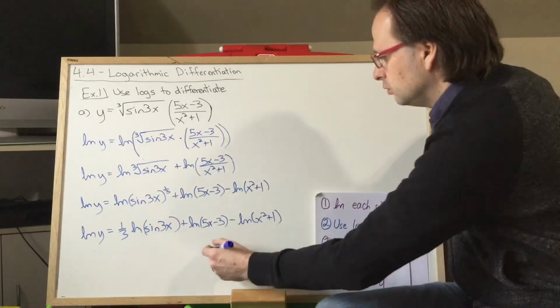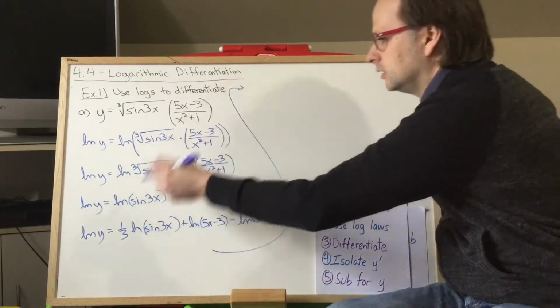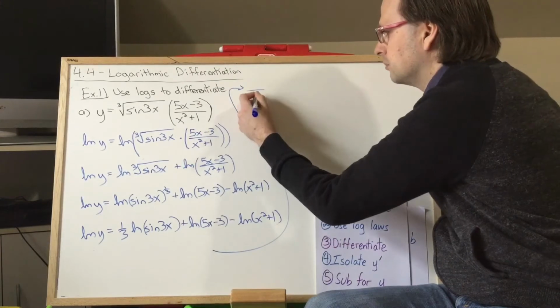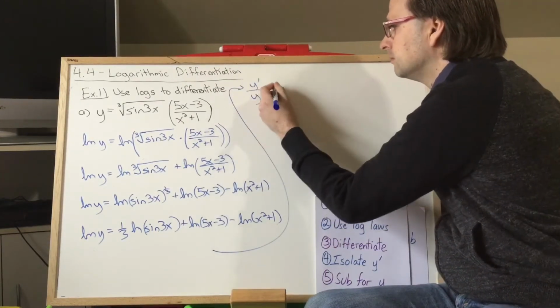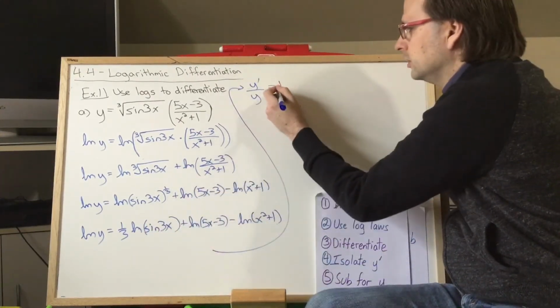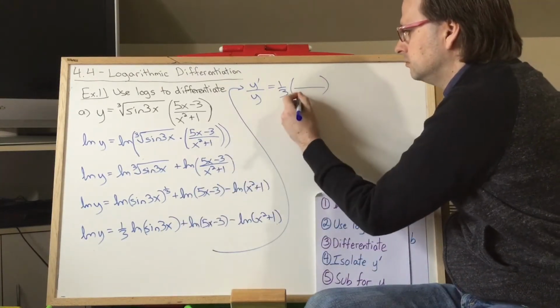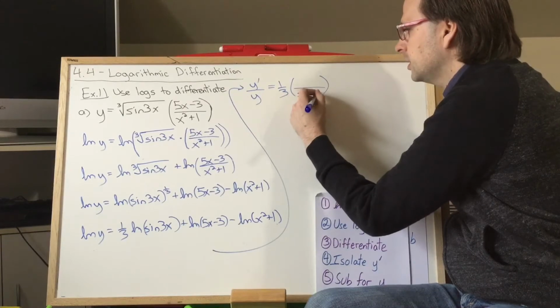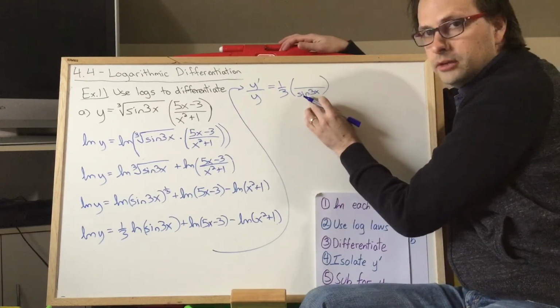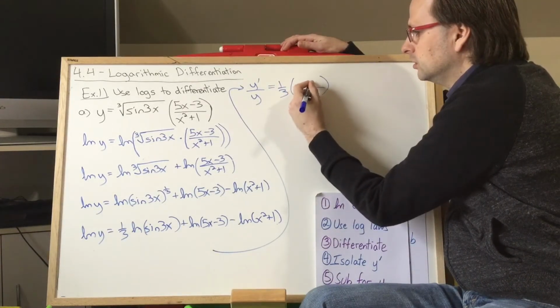And to differentiate, we'll just sing our way through it. Ln y becomes original on the bottom, derivative on the top. This is 1/3, it stays, and then original on the bottom, and its derivative on the top. So sine 3x is going to turn into cos 3x.